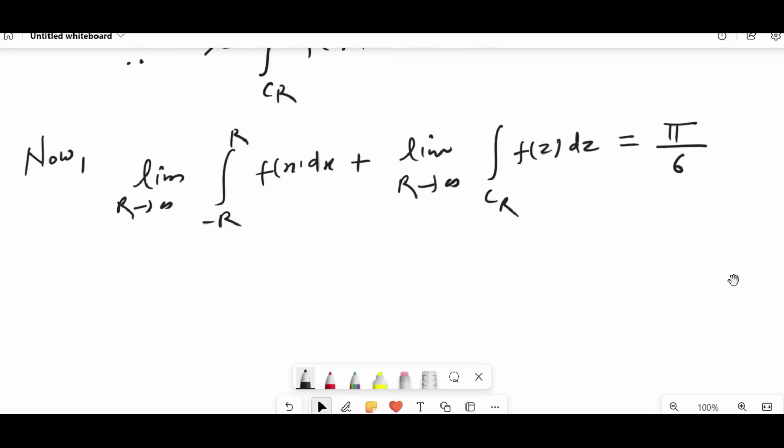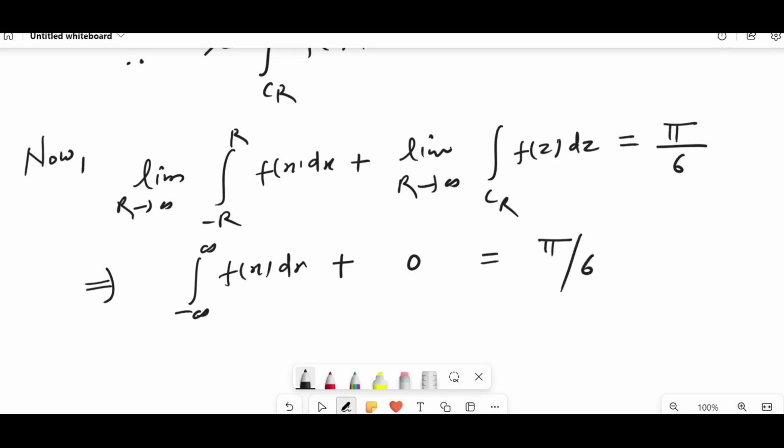So now here this implies the integral from negative infinity to positive infinity of f of x dx, and this value will be 0, is equal to pi by 6.